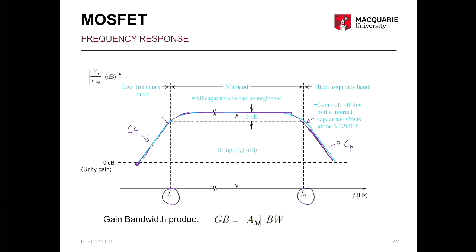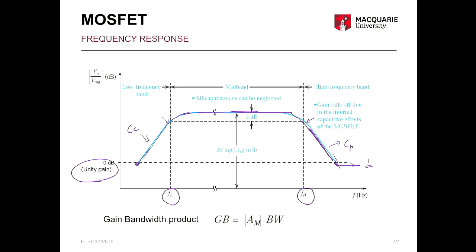In MOSFETs, usually people refer to unity gain bandwidth. Unity gain is when the input is equal to output, or the amplification is equal to 1. Usually it is much higher, 5 or 10 or 30, but because the amplification goes down, at some point the input to output ratio will be just 1.